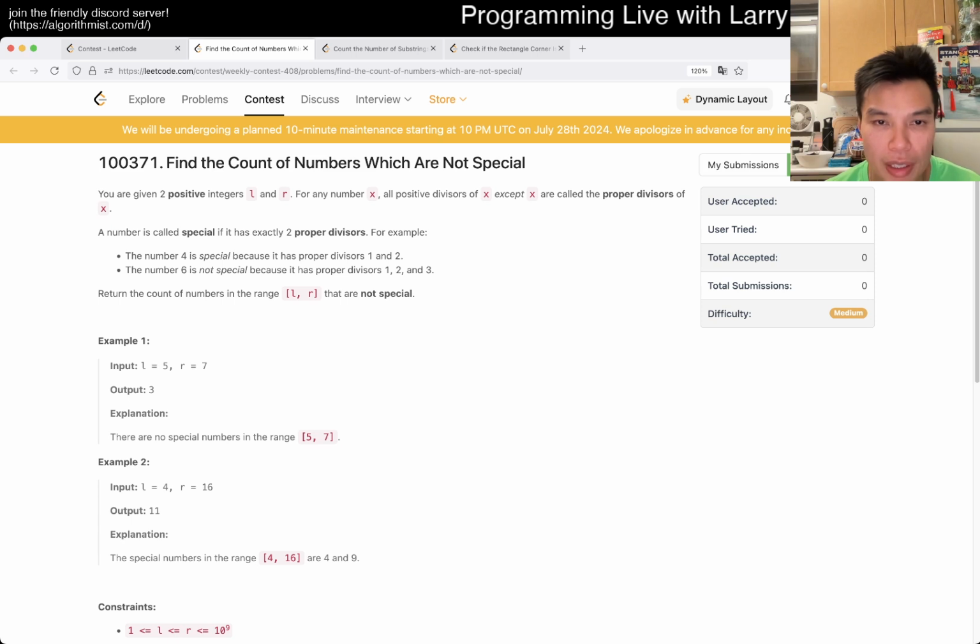Okay. Even number X or positive proper divisor. Okay. Exactly 2 proper divisors. A special number. This is a square root thing, isn't it? Because it's just one and it's the square root of itself.